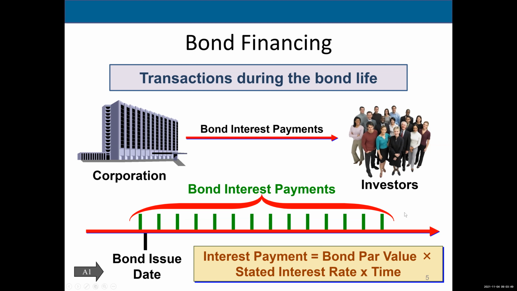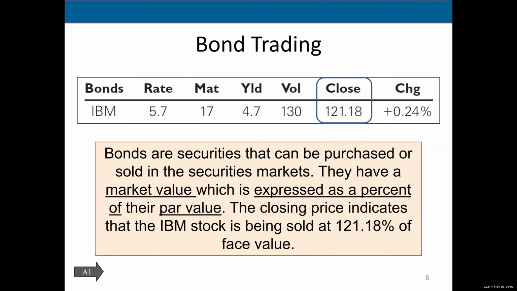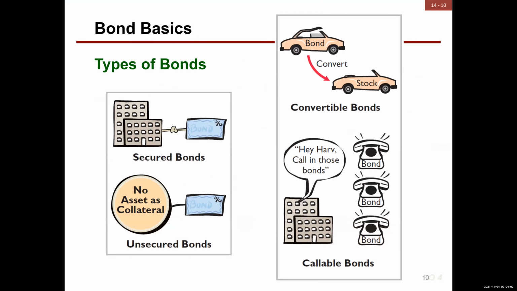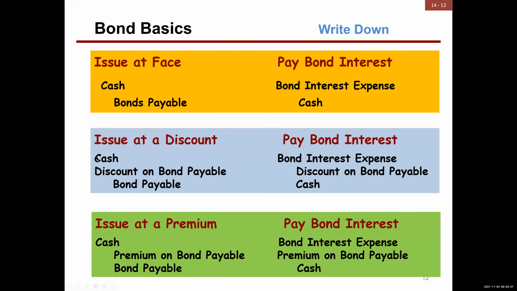I'm going to see what else I can do here. I'm going to move this. I'm just highlighting certain things. You can see this in the videos that I did. This is actually a very good slide because it tells you all of the journal entries that you're going to make related to bonds.